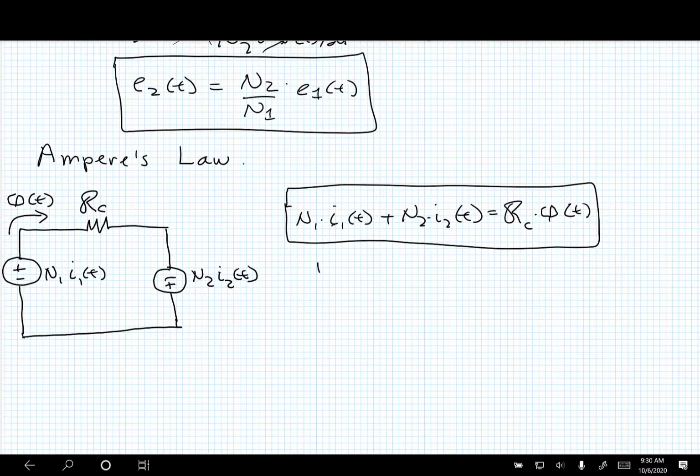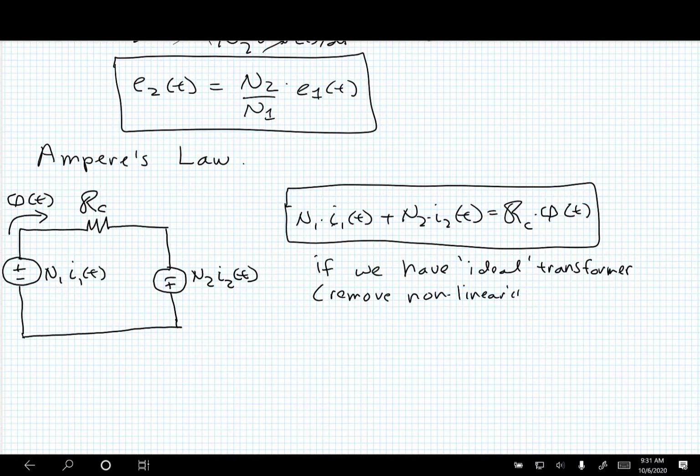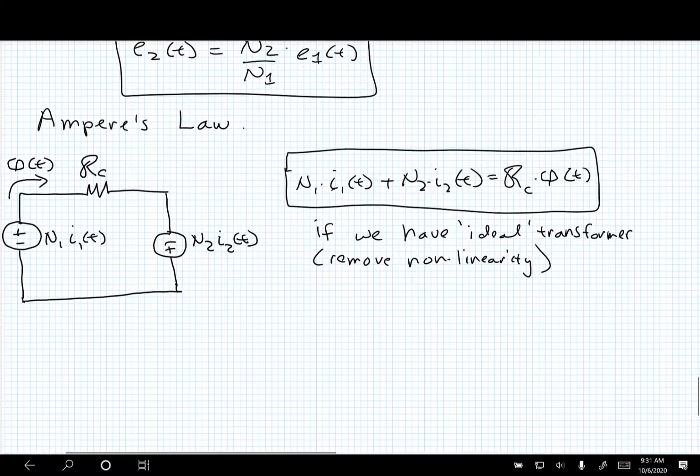If we have what I'm going to call an ideal transformer, which means let's remove the nonlinearities, what would we have to do to make it ideal?